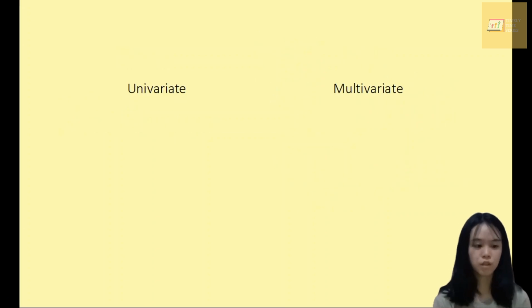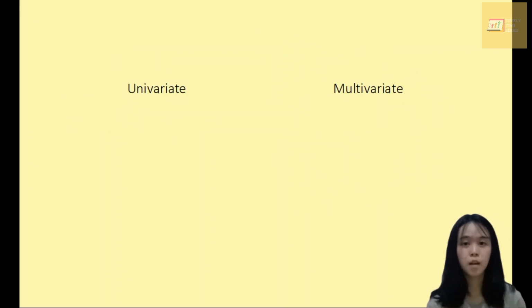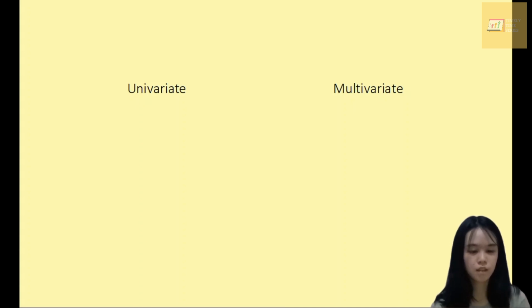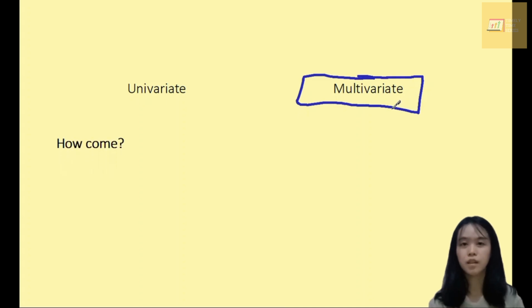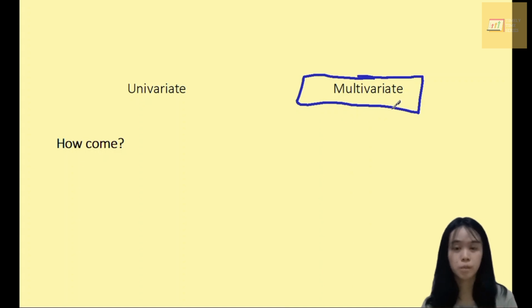ShapeDTW was originally developed for univariate time series, but it can be easily extended to multivariate time series. And this is what we're going to do. We will do the multivariate version of ShapeDTW. And why is that? Because remember in the framework that I showed you earlier, we will do MFCC first before ShapeDTW.